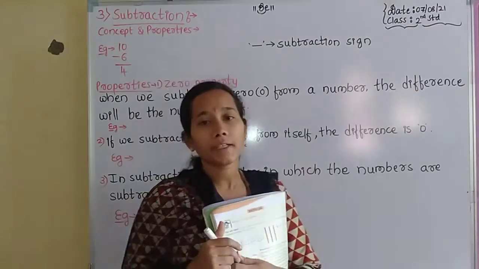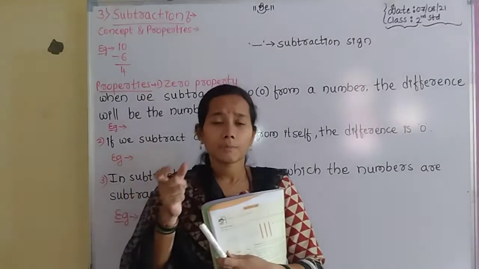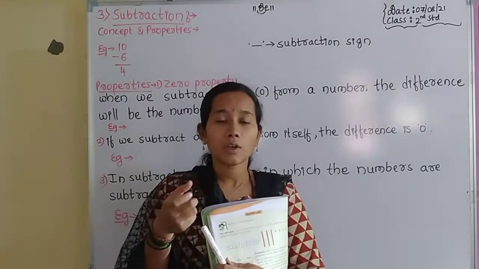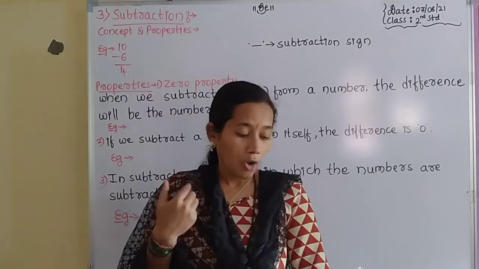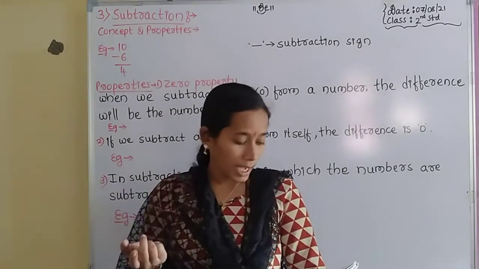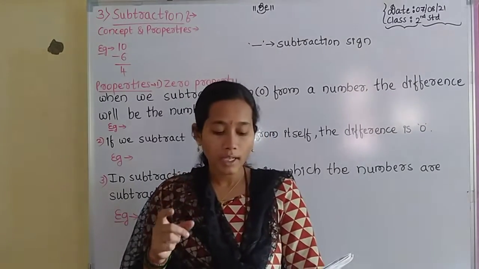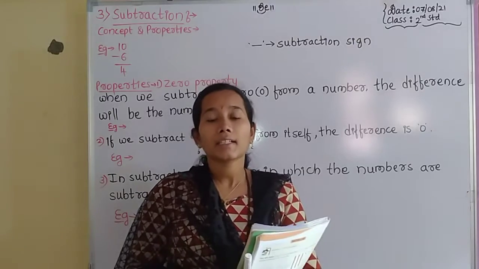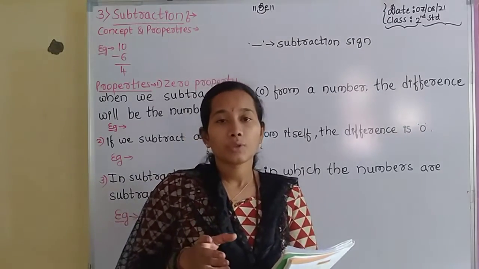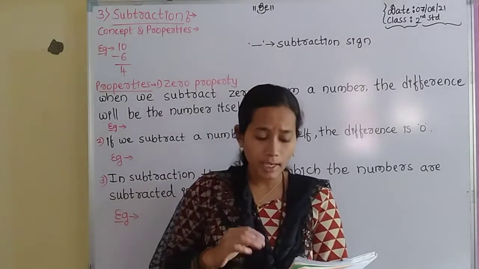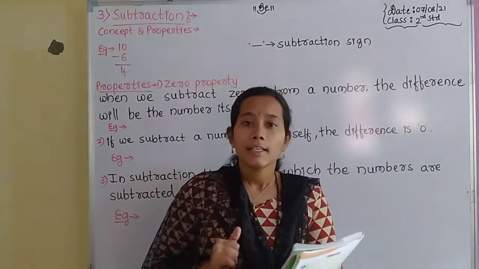In the concept, the words that specifically represent subtraction are: how many more, how many left, how many more than, what is the difference, what is more needed. These are the terms that indicate that the problem belongs to subtraction.